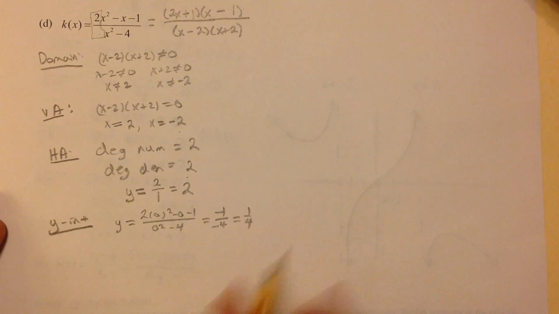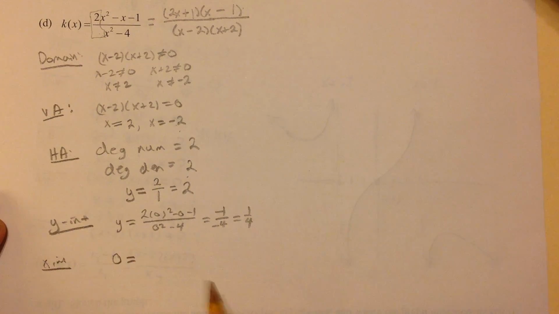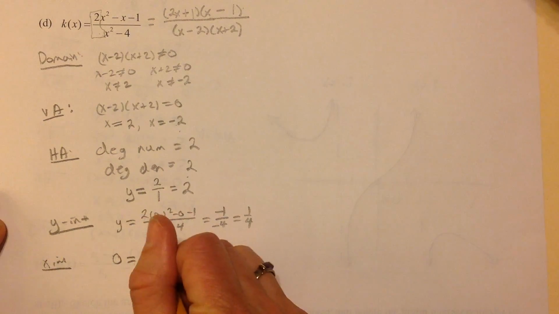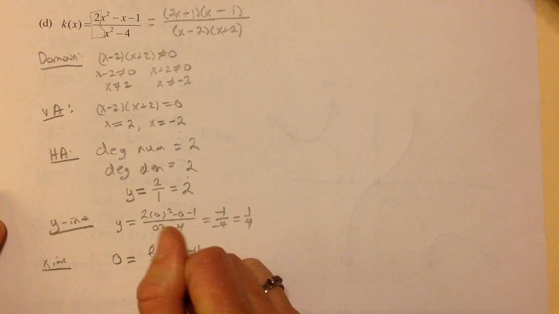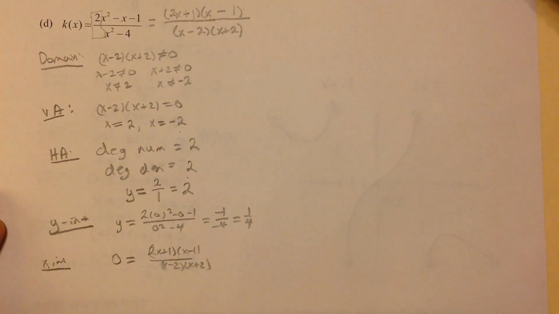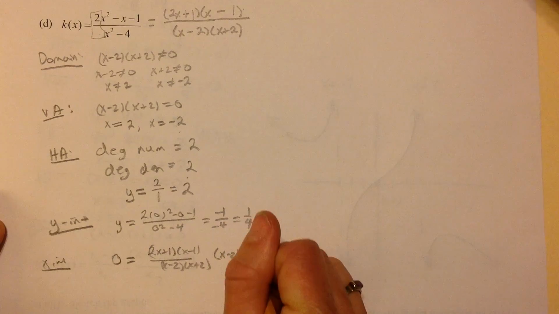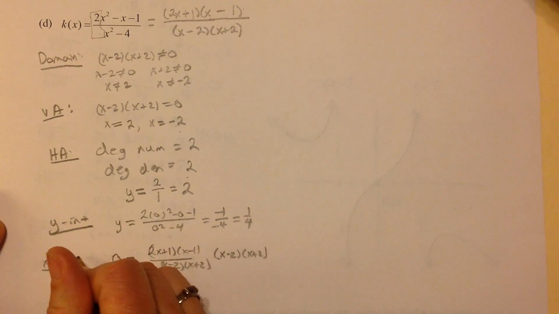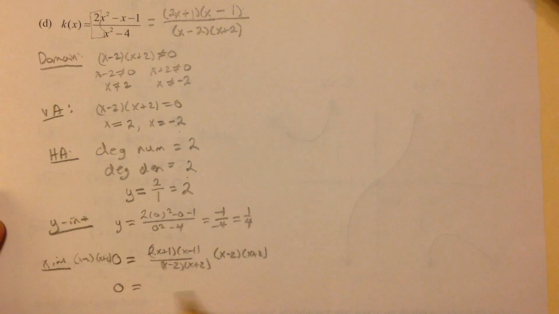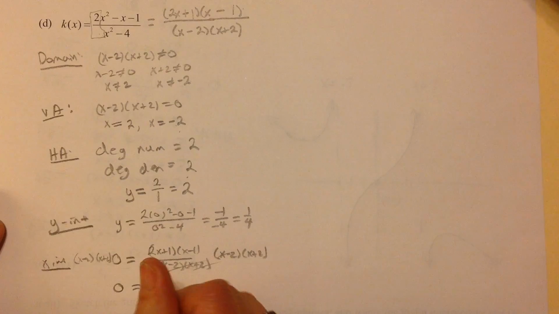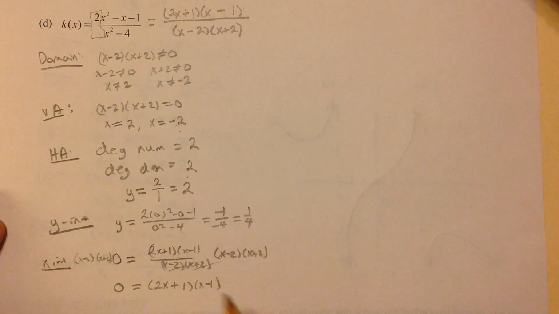The x-intercept. In general, the x-intercept comes from setting the entire function equal to 0. Here I'm going to use the factored form. The first step in solving this is to multiply by the denominator, which is (x - 2)(x + 2), and that comes out to where the left side is still 0, the right side denominator factors, and we're setting the numerator equal to 0.